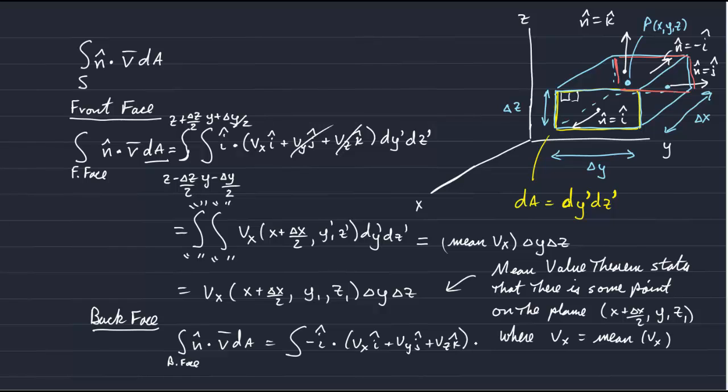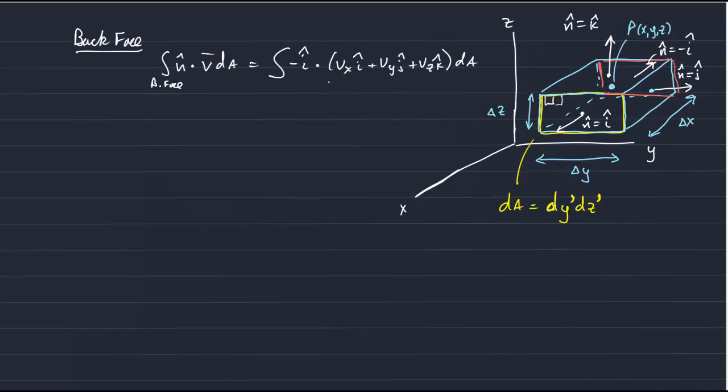And I better make sure I show the infinitesimal area over which we're integrating. Okay, so just moving to the next page. So again, when we evaluate this integral, the only term that doesn't go to 0, well, minus i hat crossed with j hat and k hat equals 0.